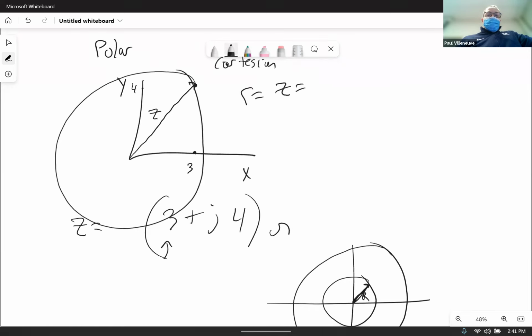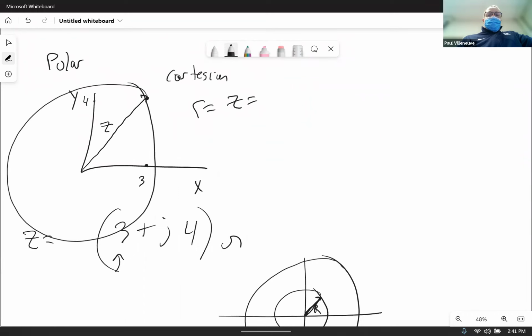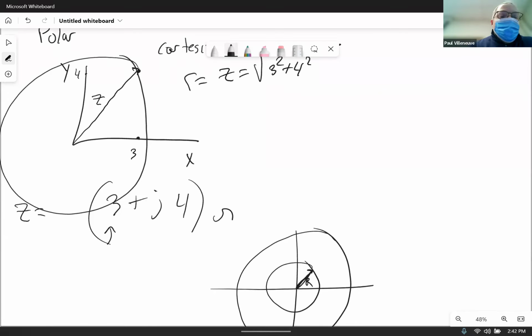I know how to get the radius equal to Z. I can use the Pythagorean theorem. 3 squared plus 4 squared is the magnitude of that term. Now, the next thing I need to know is how much to rotate around this circle so that I end up at that point. So the next thing I need is an angle theta. My theta is found using my trig identities, SOHCAHTOA.